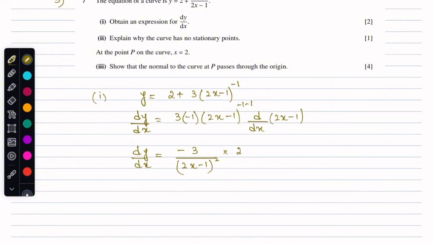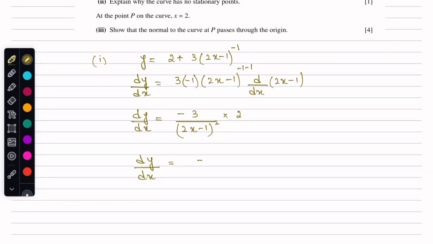Negative 1 gets eliminated. So overall I can say that my first differential dy by dx shall be equal to negative 6 divided by (2x minus 1) the whole square. So this is going to be the answer for this first differential dy by dx.